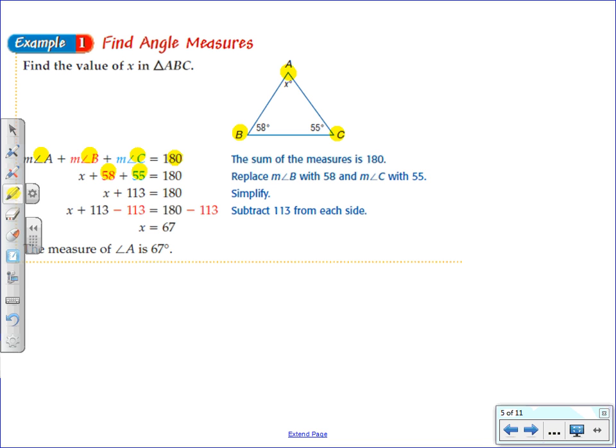We know the measure of angle C is 55 degrees. So we can solve for x. Add these two together, 58 and 55 is 113. X plus 113 equals 180. Do a little algebra, subtract 113 from both sides, and you find out that x equals 7. So the measure of angle A is 67 degrees.